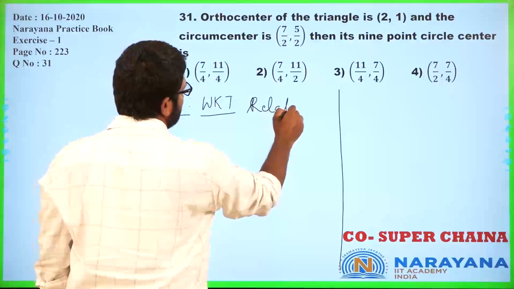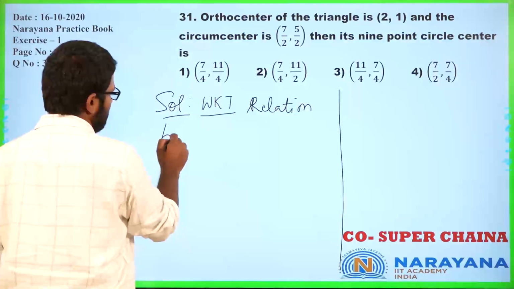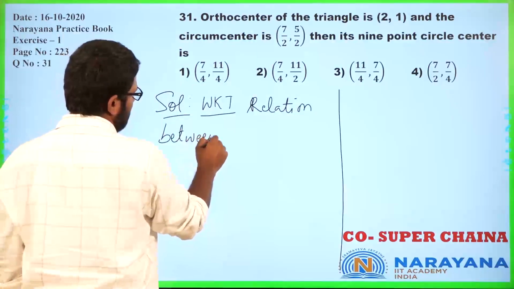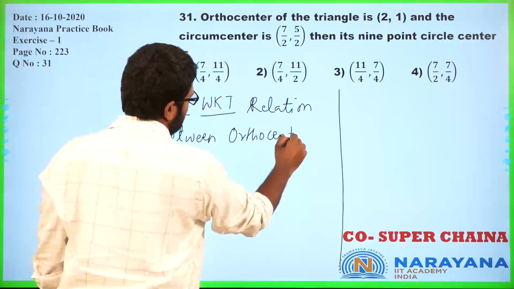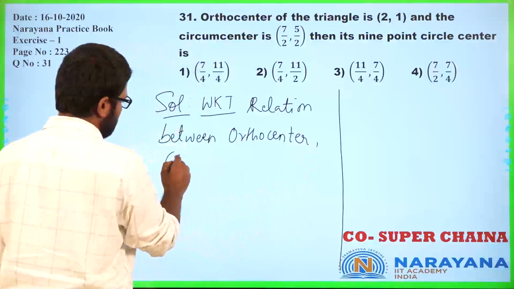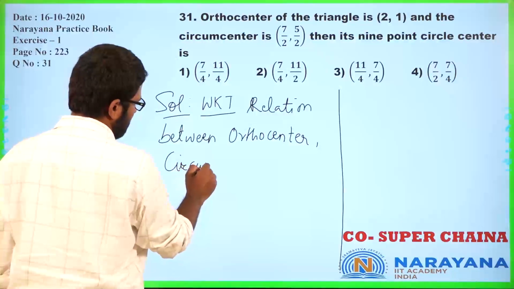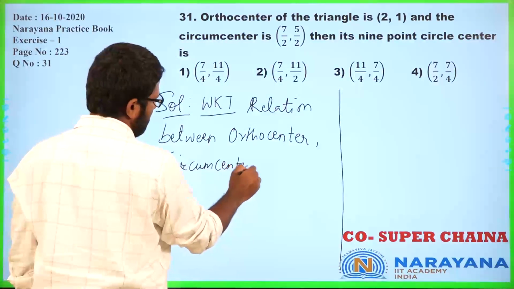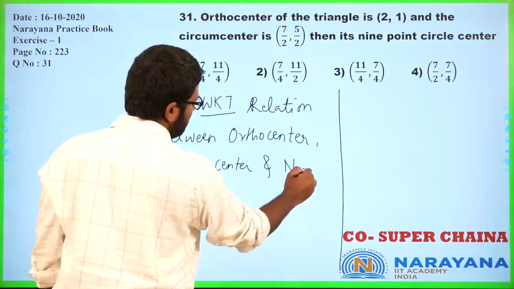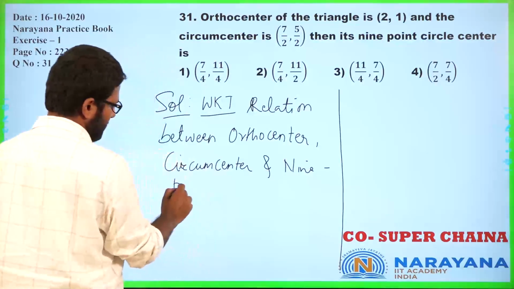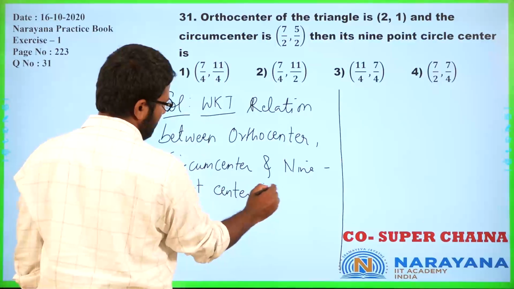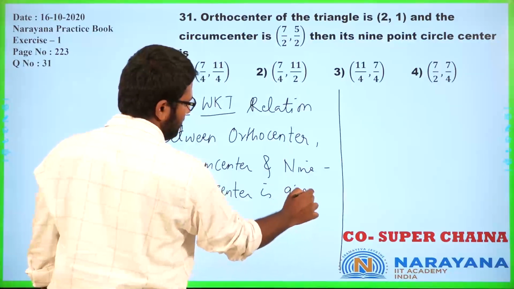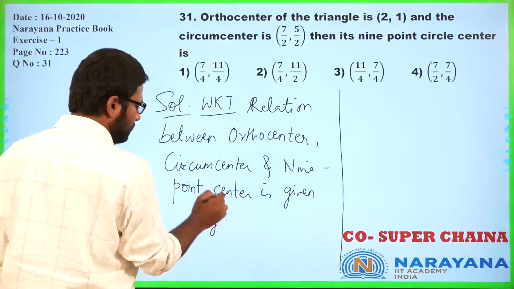relation between orthocenter, circumcenter and 9-point center is given by, now remember this figure.